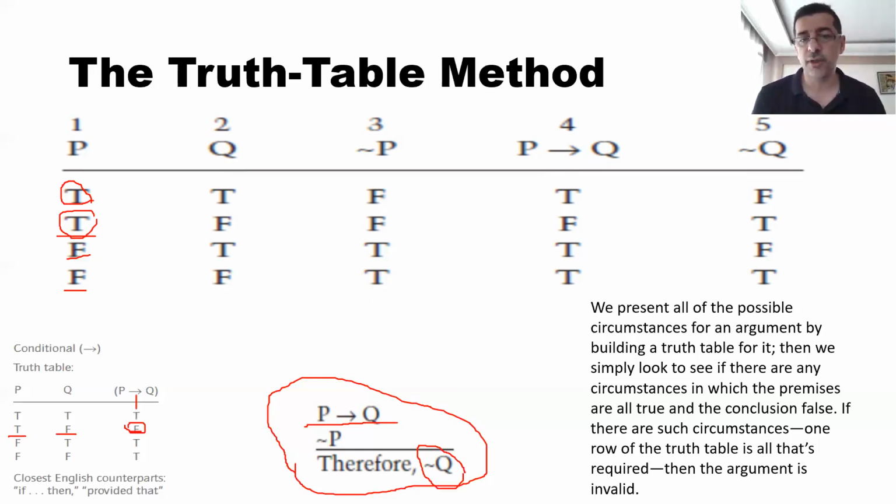Well, I drew a truth table. Then we simply look to see if there are any circumstances in which the premises are true and the conclusion false. But I'll do it the other way around. Let's look at all the ones in which the conclusion is false.